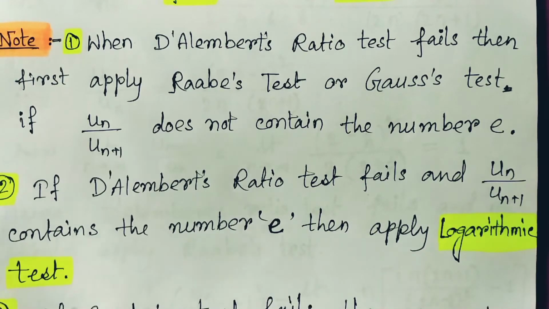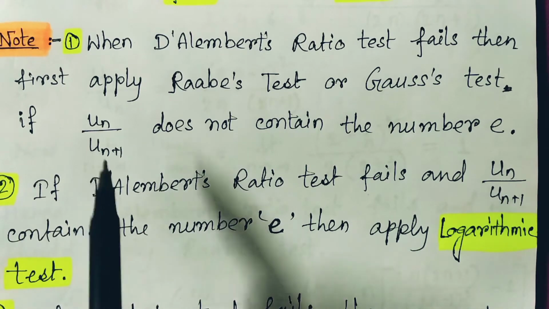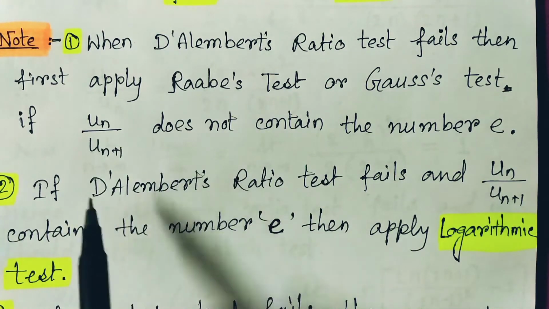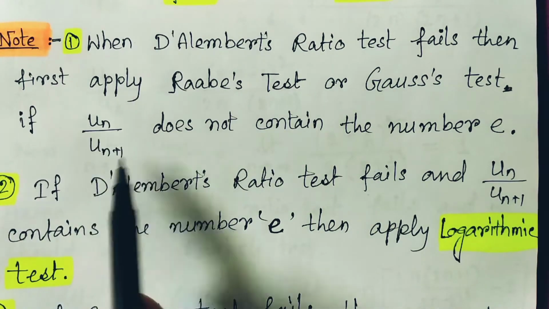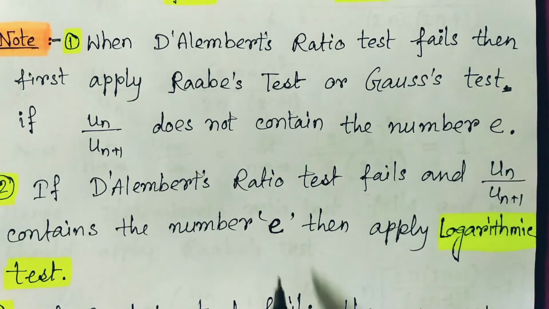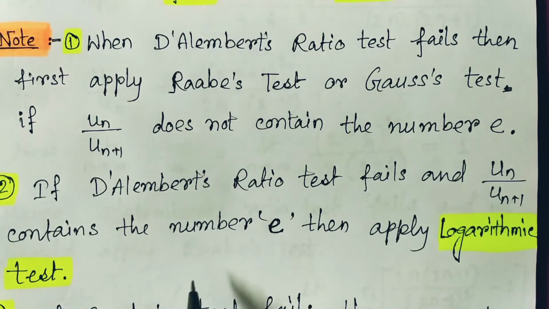Now, if the D'Alembert's ratio test fails and un by un plus 1 contains the number e, then we apply logarithmic test. So if we are going to apply the Raabe's test, then we just verify whether un by un plus 1 contains the number e or not. If e is contained, then we apply logarithmic test. That is another test that we will discuss later on.